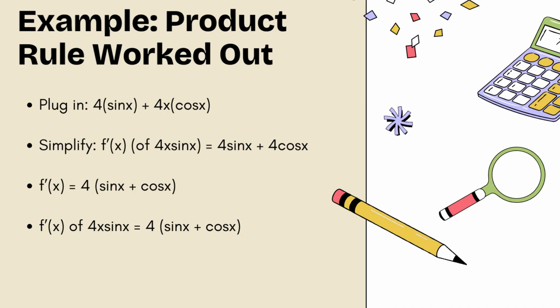So to make our answer simplified, we can factor out the 4 from this equation to get f prime of x, the first derivative of the function 4x sine x, is equal to 4 in parentheses sine x plus cosine x, as our final answer.